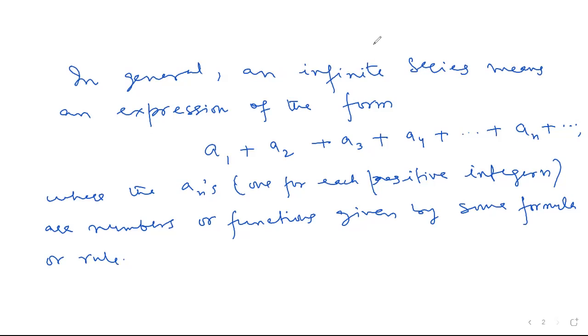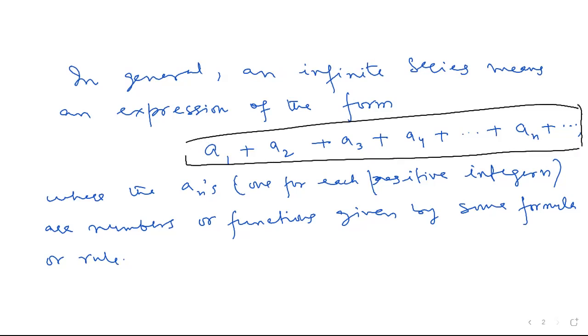Let me encircle it, and name it as 4, right? Where ANs, you have AN for each positive integer n. These ANs can be numbers, or they can be functions given by some formula or rule.